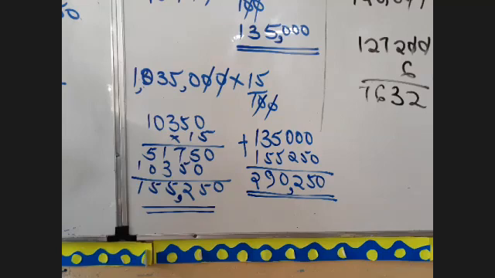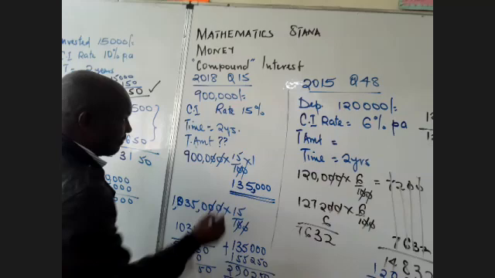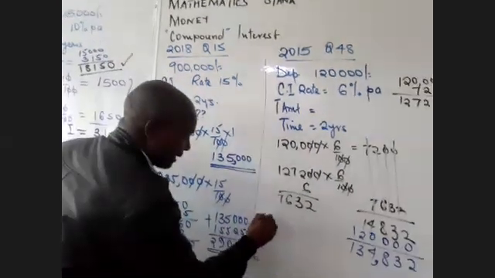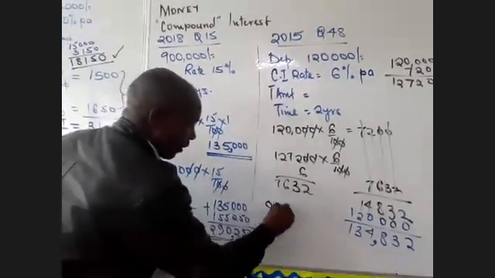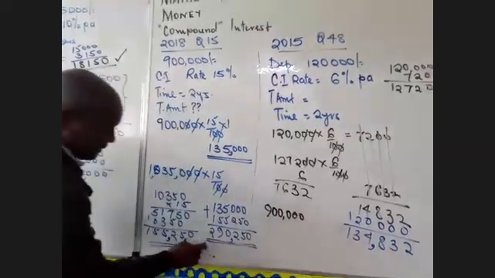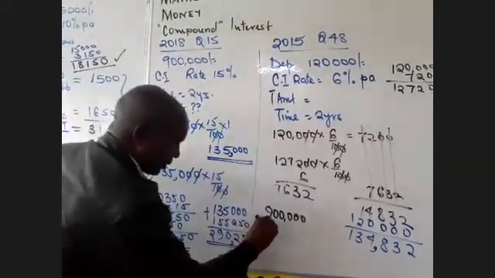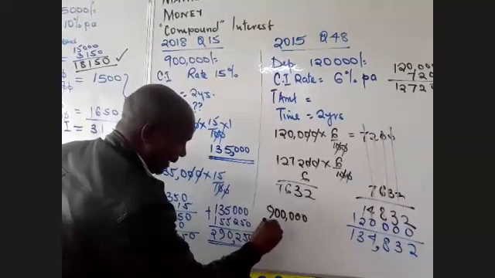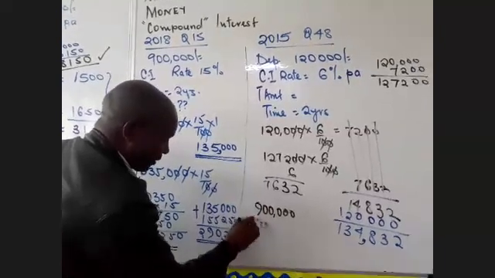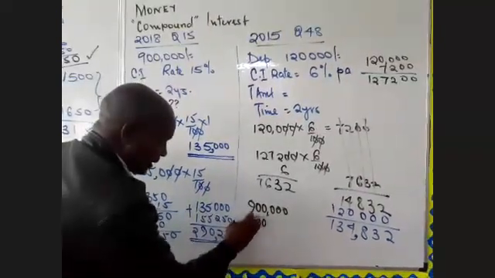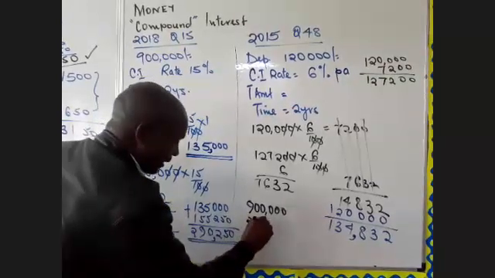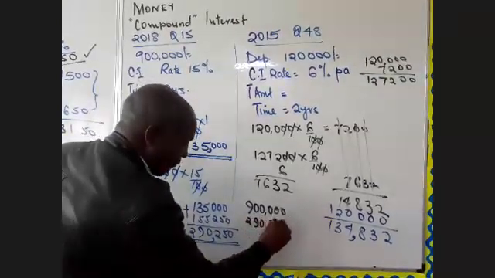So when they ask for the total amount in the bank, you say the total amount will be the 900,000 that was the original money plus the interest earned in the 2 years, 290,250.